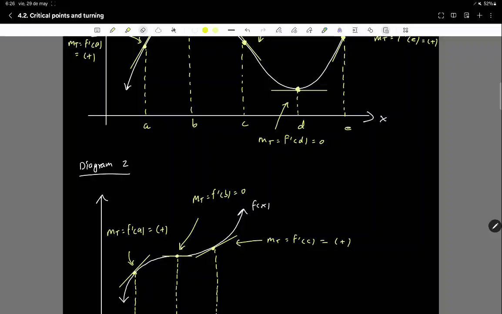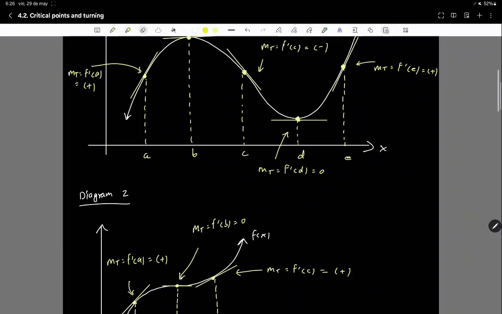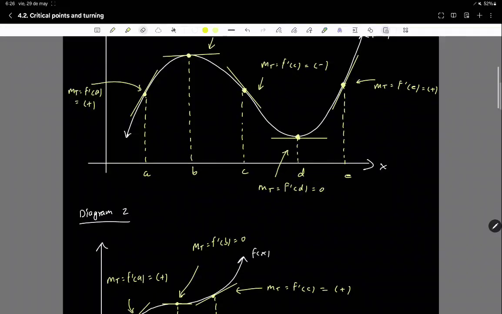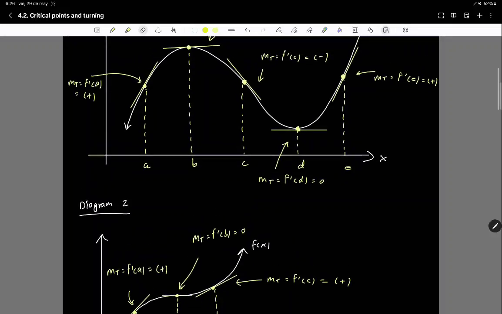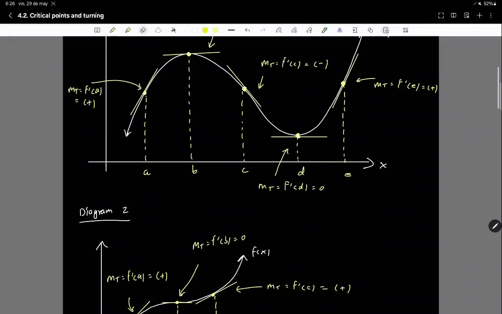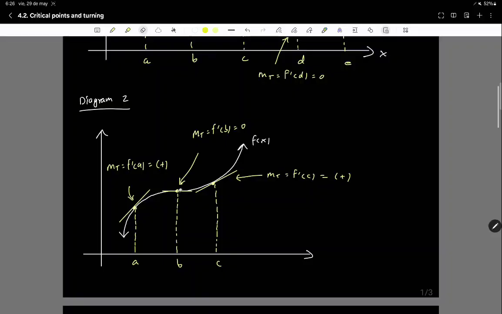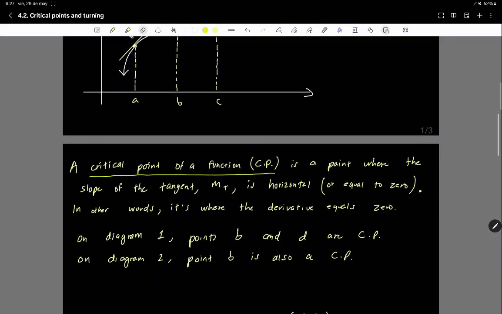So let me say that again one more time. All 3 are critical points, because at those points, the slope of the tangent is horizontal. But only these 2 are called turning points, puntos de retorno, and this point here is called a stationary point, punto estacionario.